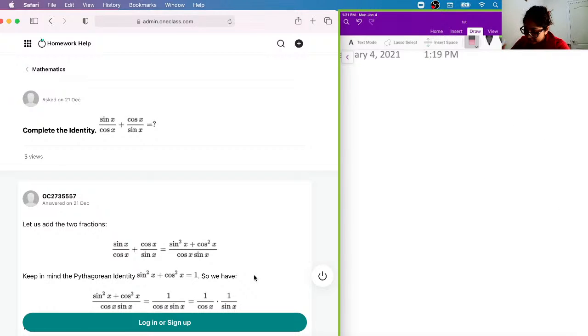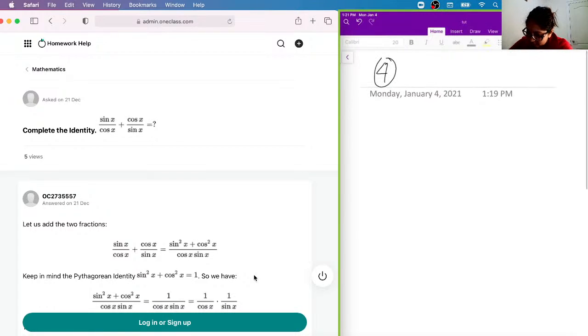Okay, so our next question says complete the identity of this trigonometric expression.